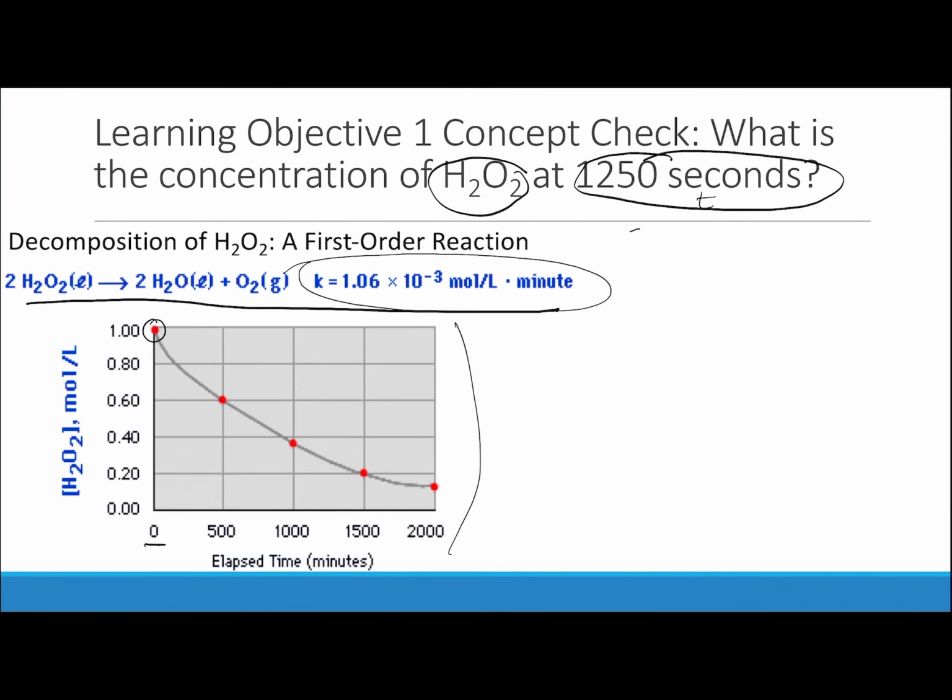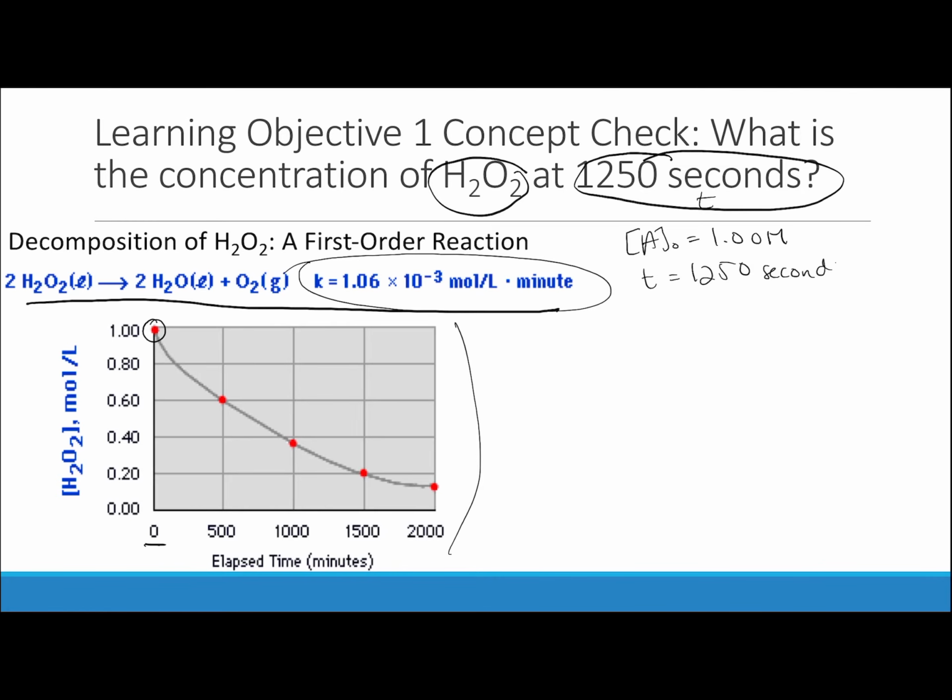So our A naught is equal to 1.00 molar. Our time is equal to 1250 seconds. And our k is equal to 1.06 times 10 to the negative 3 molarity per minute.